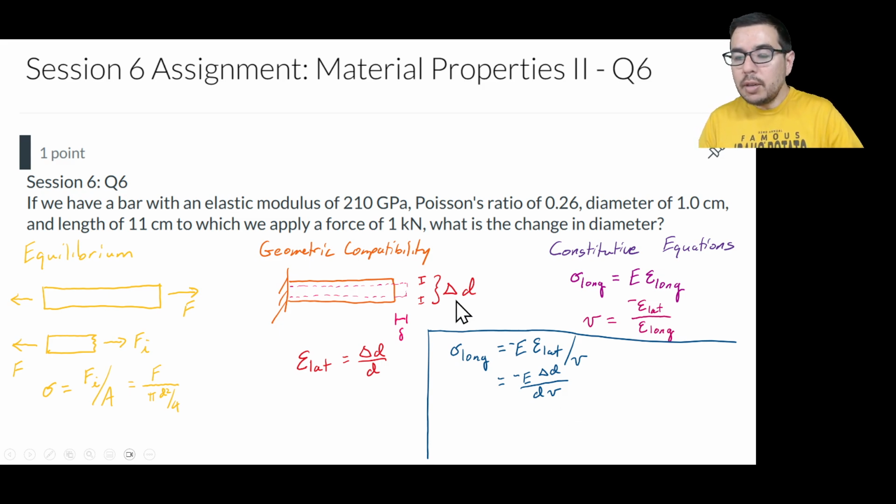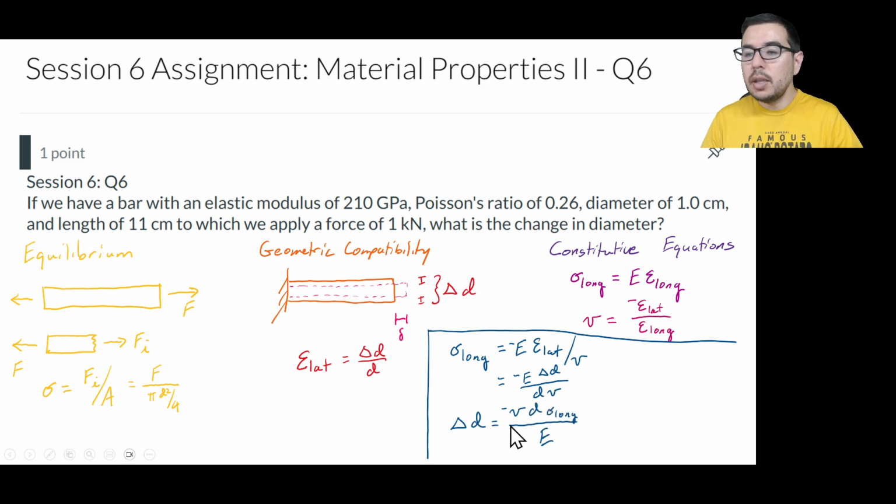We're interested in the delta D, so it makes sense to rearrange things so we have delta D on the left side, and that's going to be equal to minus nu times D times sigma longitudinal all over E. Again, just manipulating this equation right here. Well, what is the sigma longitudinal? The sigma longitudinal is going to be the force divided by pi d squared over 4, or force over area.